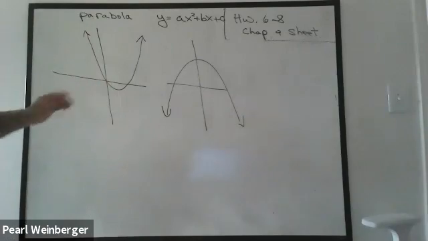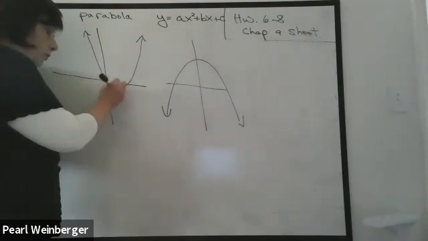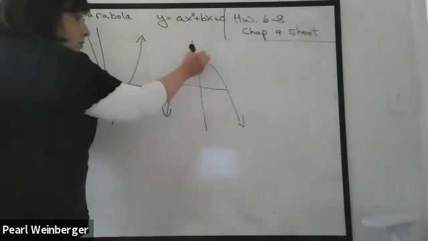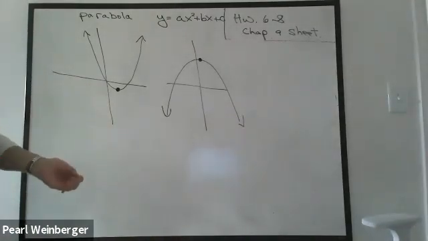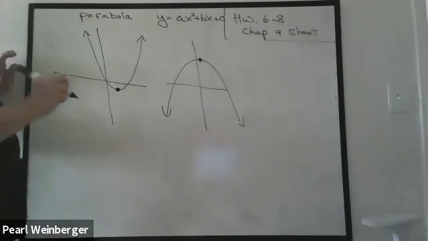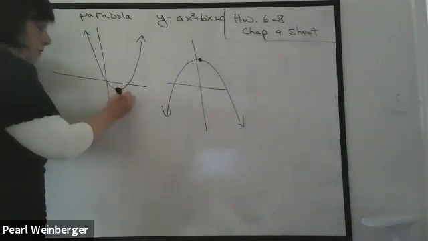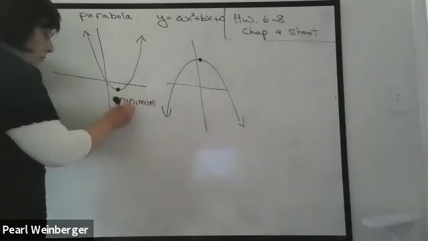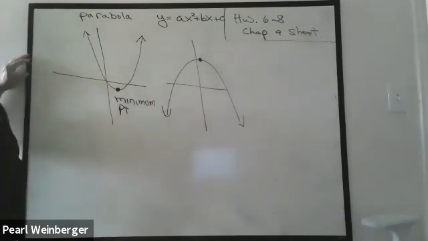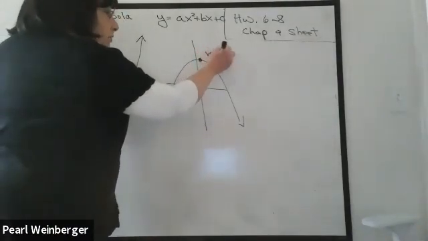The two important things is to find this point, which is sometimes called the turning point, or the vertex, or sometimes, like in this case, the minimum point, because it's the lowest point of the graph. Whereas on this one, this point is called the maximum because it's the highest point on the graph.